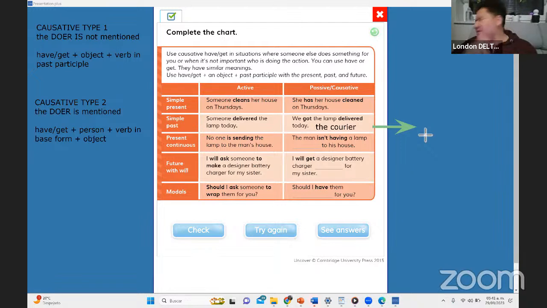Please write the sentence. Okay, you can try.